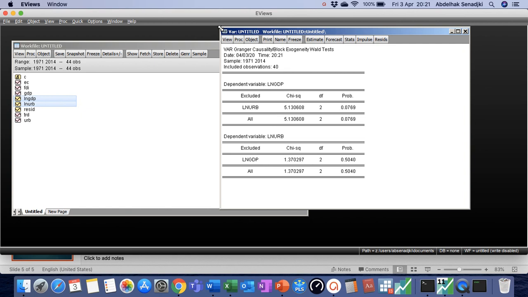So in that case, we would heavily rely on theory. So our justification of the direction of that causality would be based on theoretical background and also maybe on previous empirical studies.